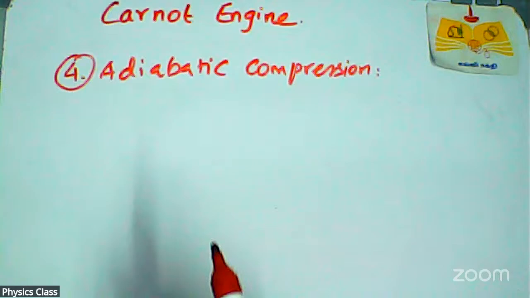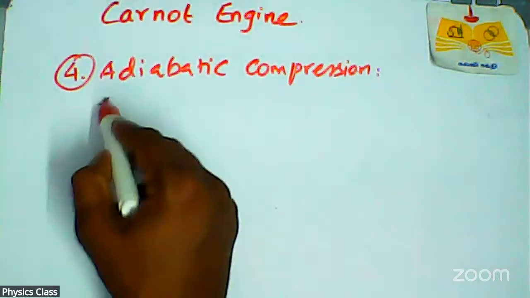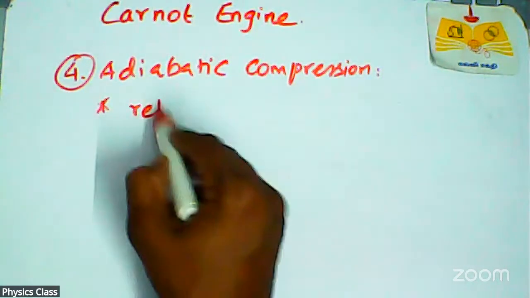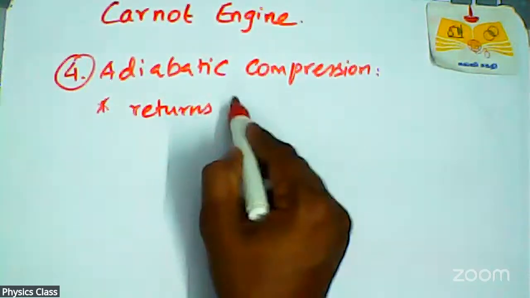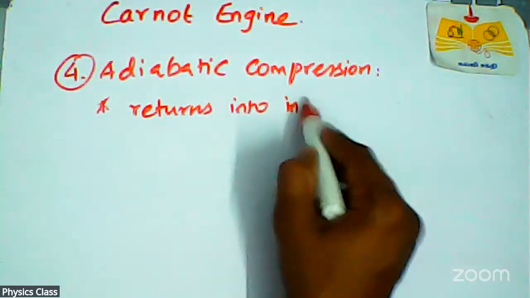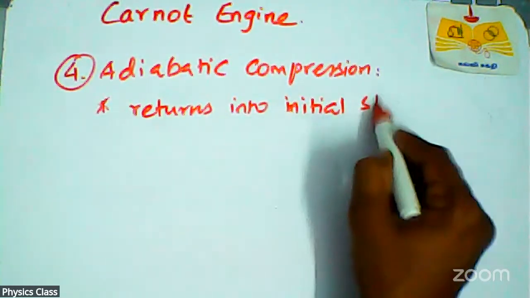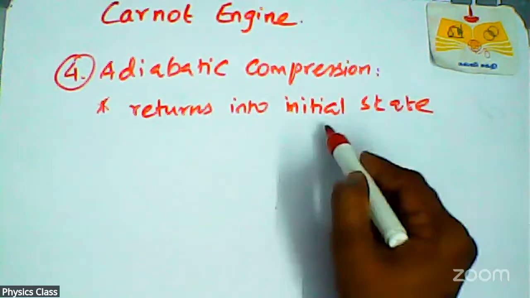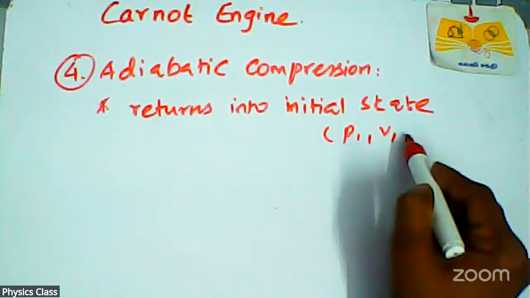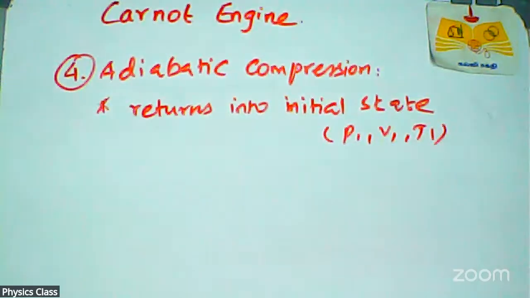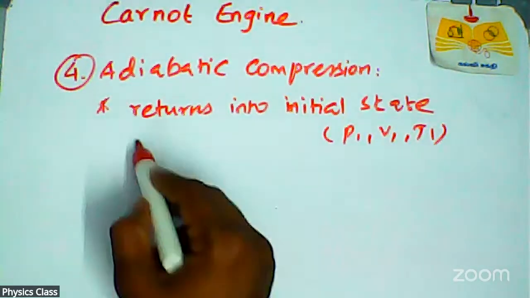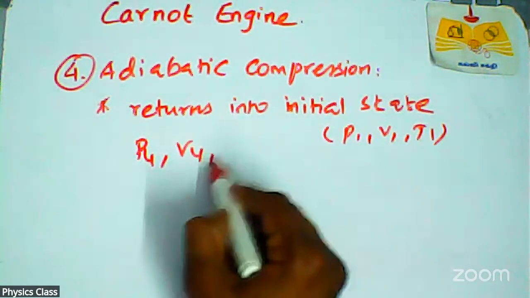Now the gas is further compressed, and slowly it returns to the initial temperature, the initial state P1, V1, T1, from P4, V4, T2.